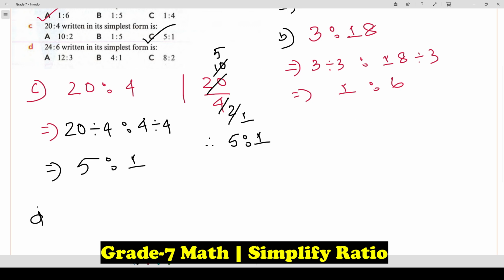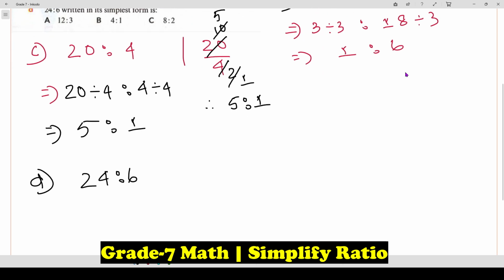Number D. 24 is to 6. Two ways we can simplify. First we can divide by 2, we will get 12, and here is 3. Now this 12 we can divide by 3, so we will get 4, and 3 divided by 3 we will get 1.